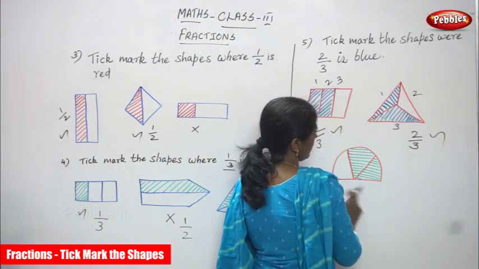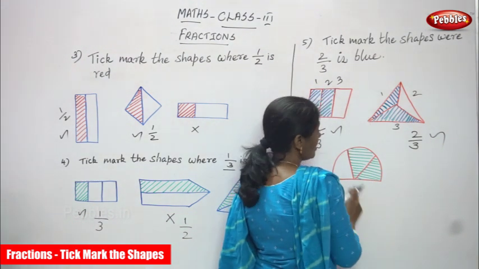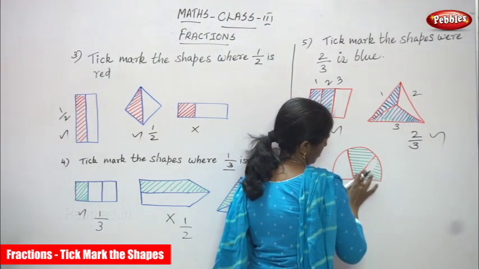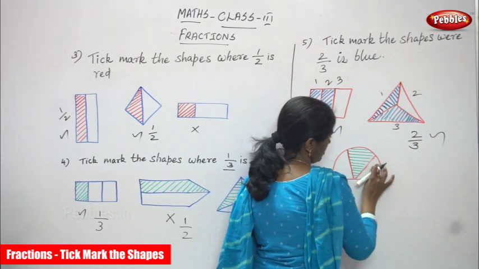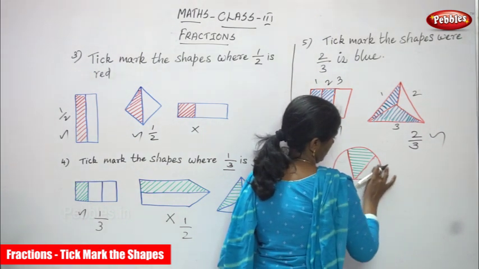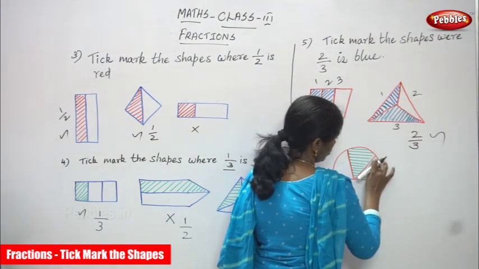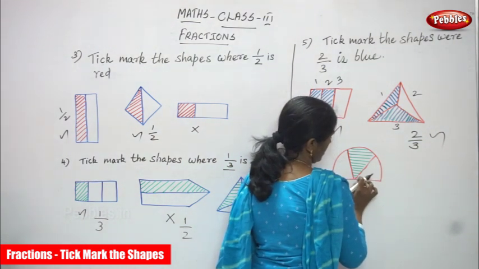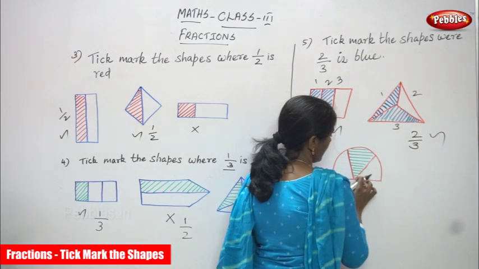So this is also a half circle, that is a semicircle. I cut it into 3 parts, but I just wanted to wipe this part. I shaded 2 portions, but I purposely wanted to wipe this portion. Now it is empty.